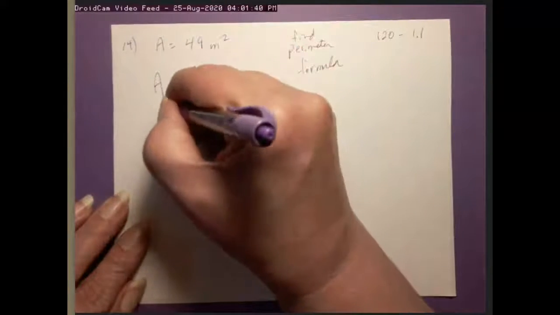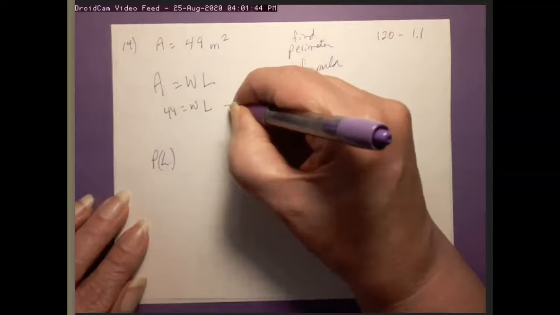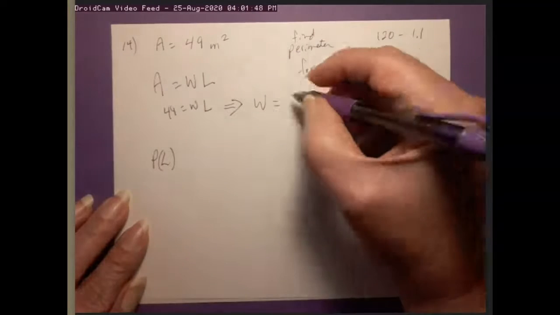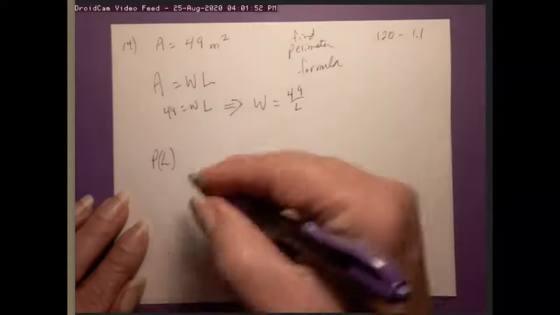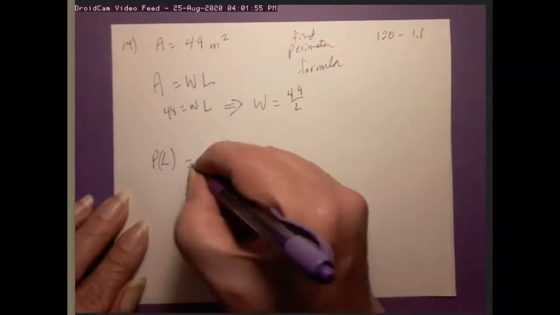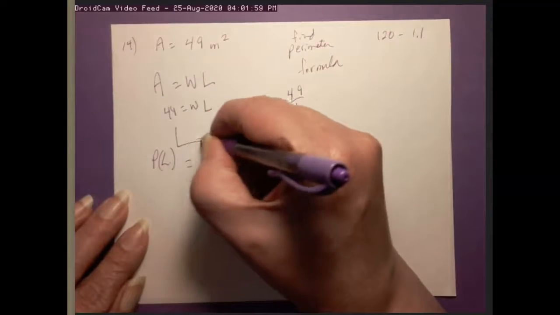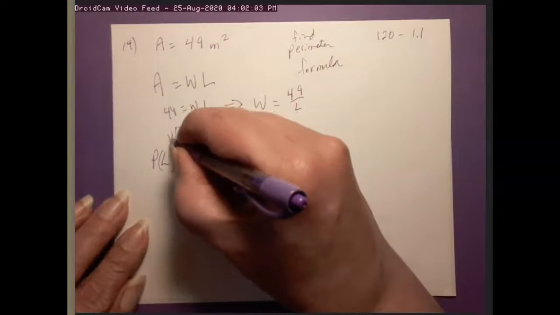So that means that 49 is equal to WL, which tells me that W can be solved for to get 49 over L. The perimeter formula for a rectangle is, remember that if you're looking at a rectangle, it might help to do this. You have a width and a length.